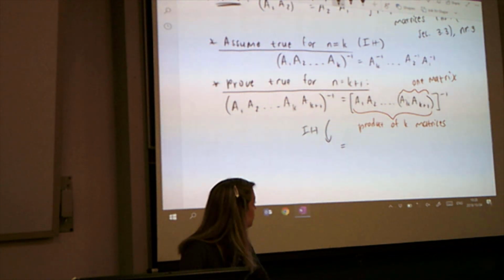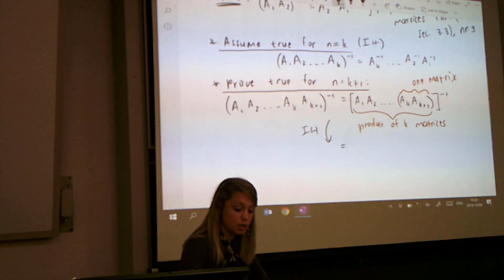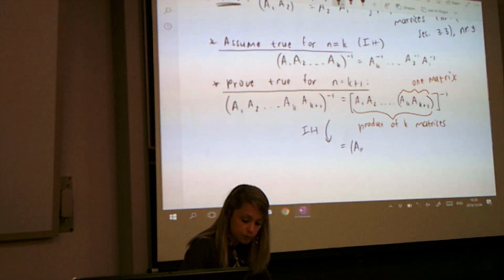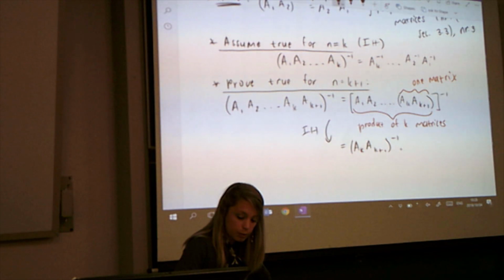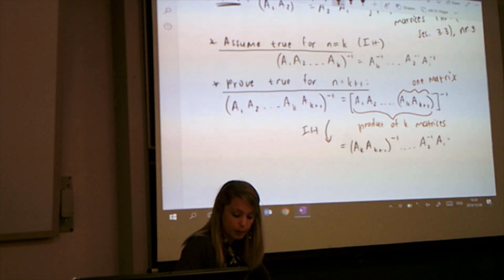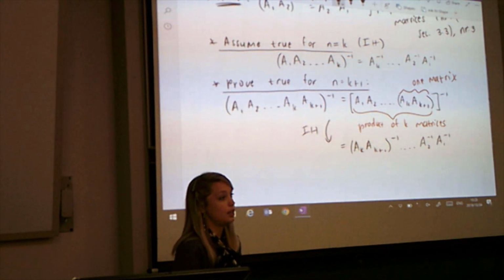So this is my last matrix, which I'm now going to write first. Its inverse, and then we go down to A2's inverse multiplied by A1's inverse.